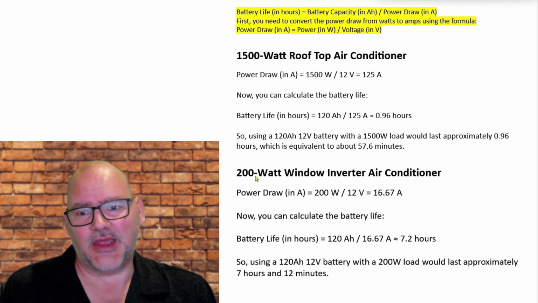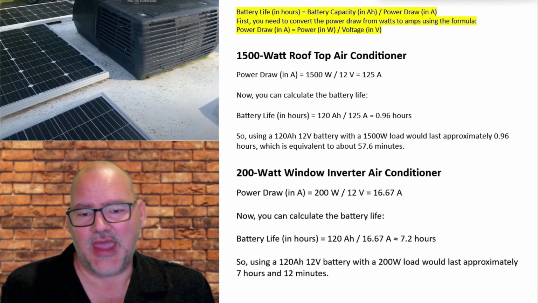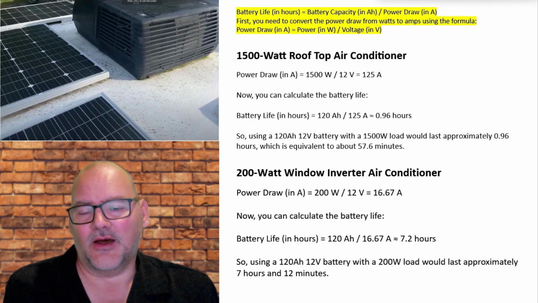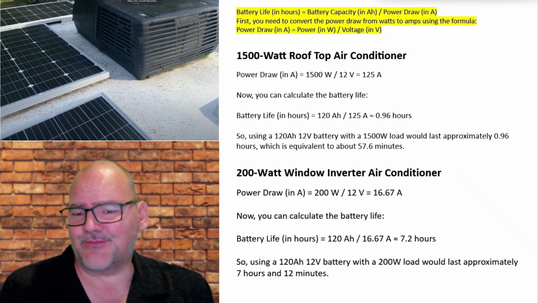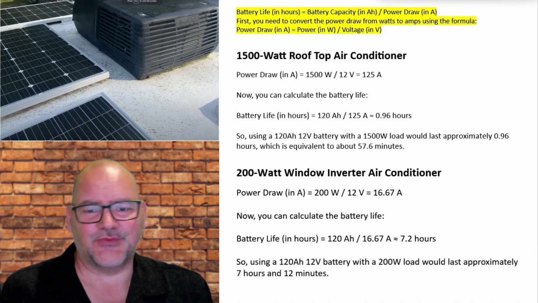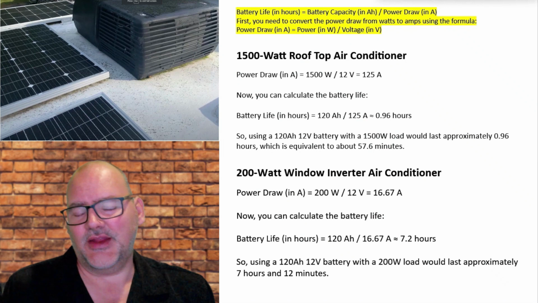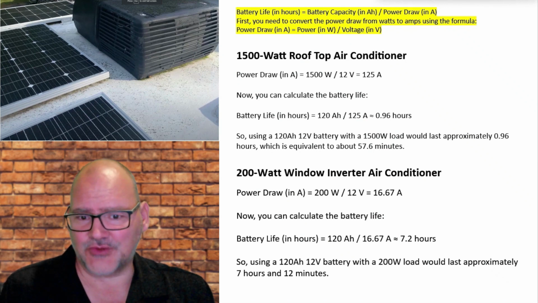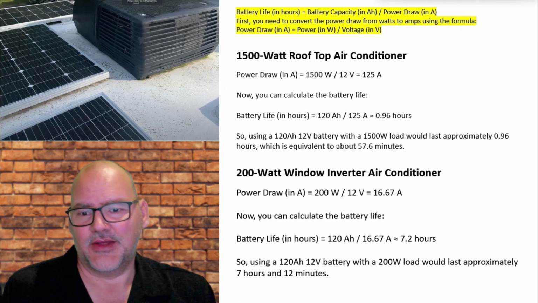But if you put a 200 watt window inverter air conditioner in, I am running 500 watts of rooftop solar panels on my RV. I think 500 watts is a good number for this because you're not always in a perfect situation for solar, so you need a little bit of extra power. And you're trying to charge 120 amp hours back up to the battery.